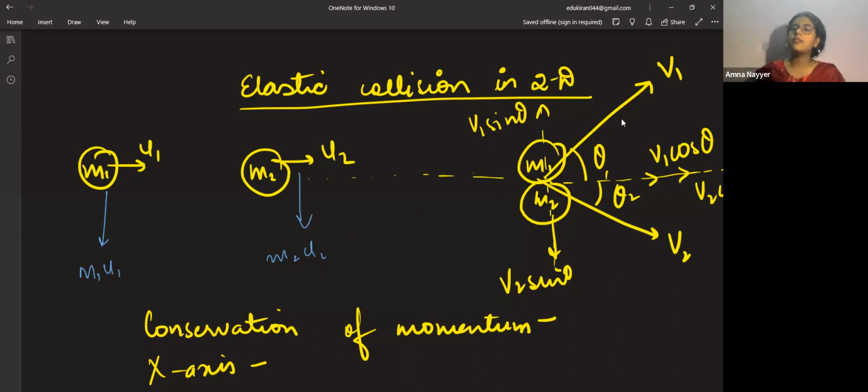Their velocities of separation here are v1 and v2. Both the velocities are present. How will you solve it? We'll perform the resolution of vectors. V1 is making angle θ1 with the horizontal, and V2 is making θ2 with the horizontal.